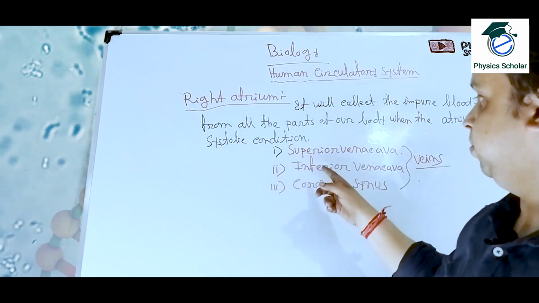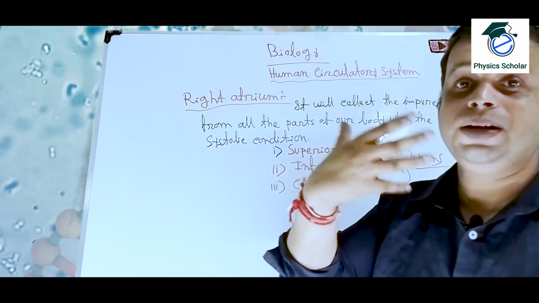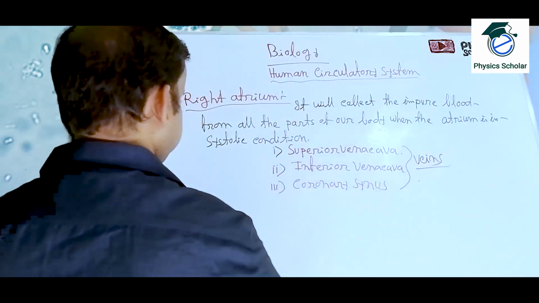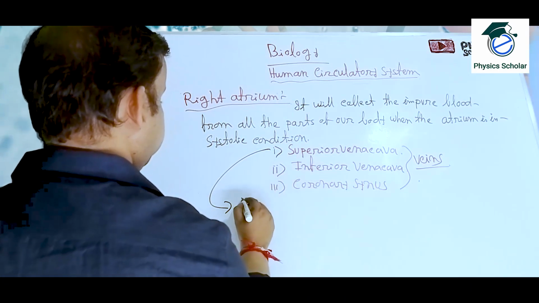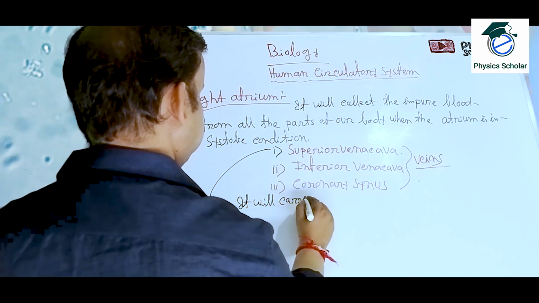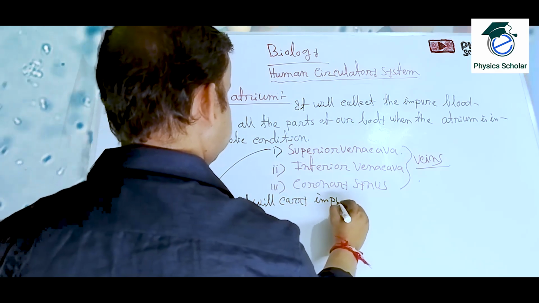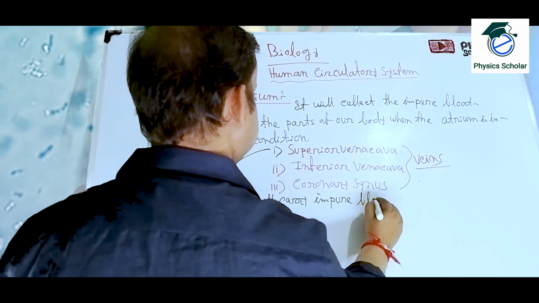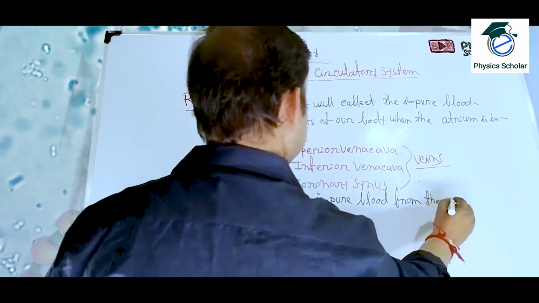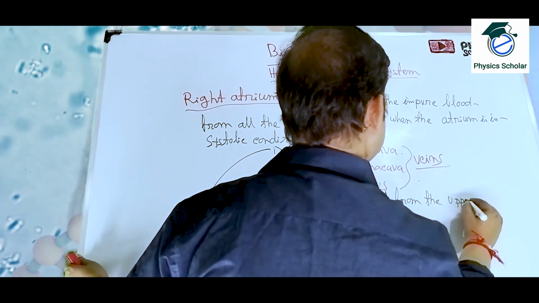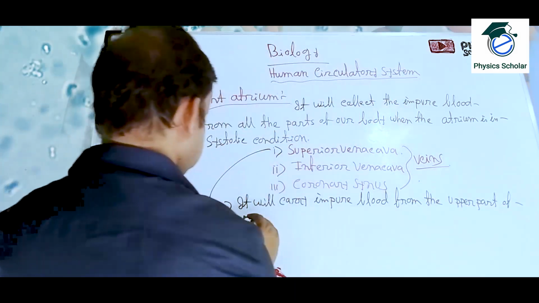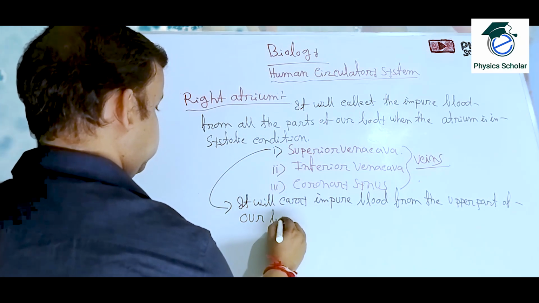What are the three types of veins? Superior vena cava. Clear? That means it will carry impure blood from the upper part of our body.